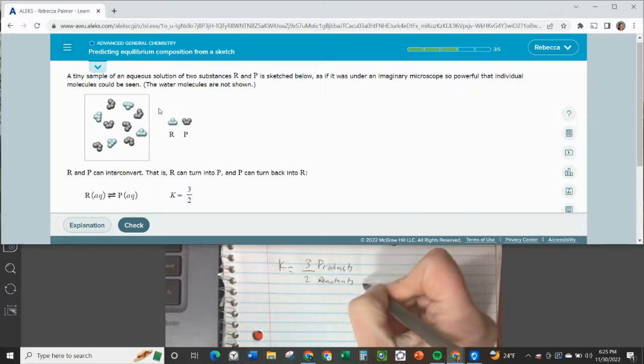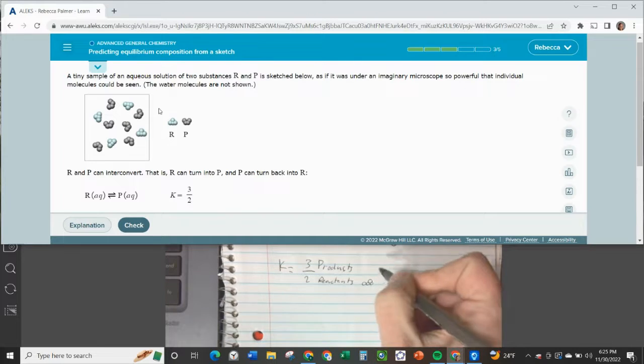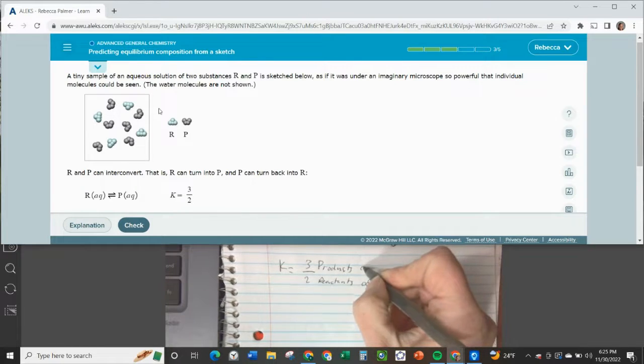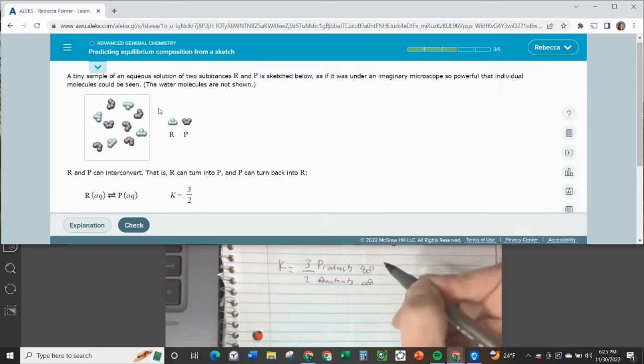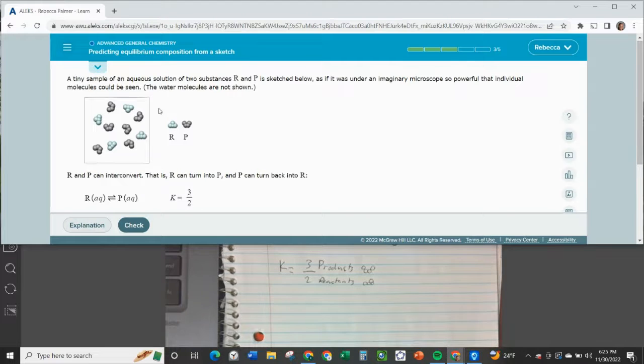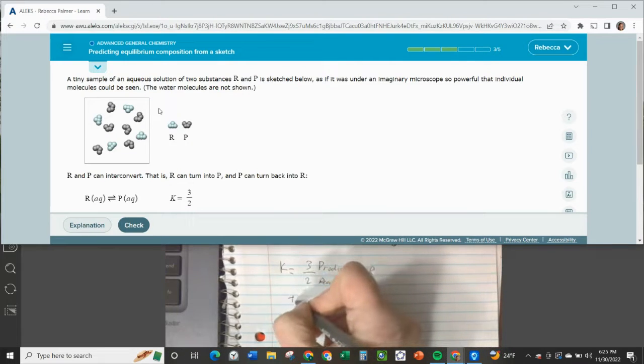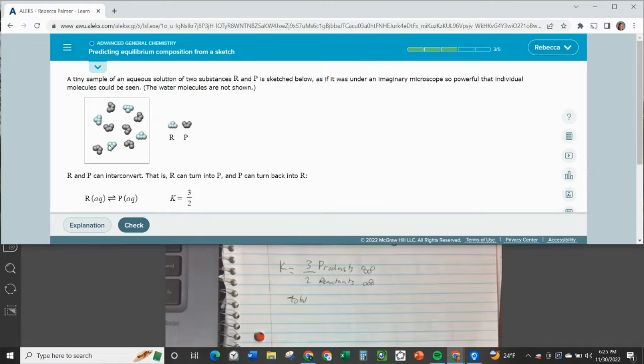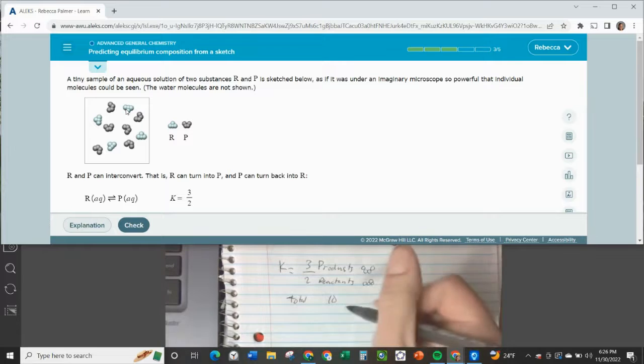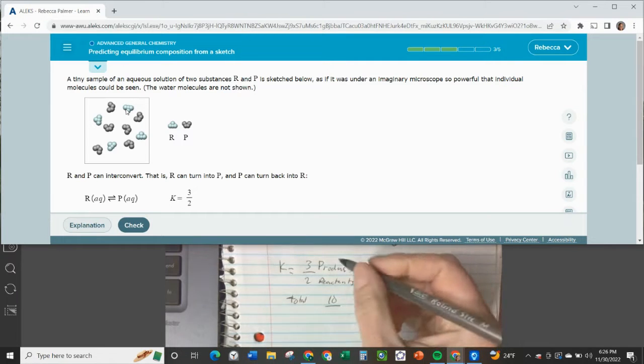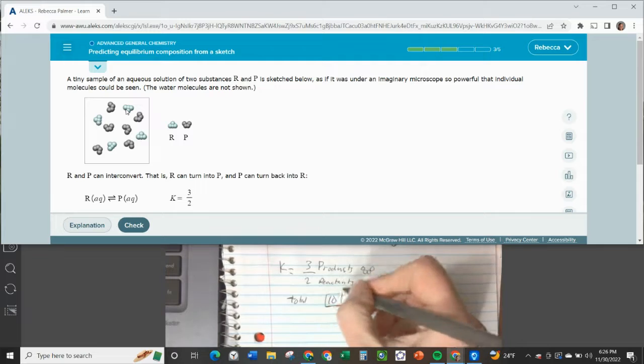The reactants are like a pyramid and the products are like a W. And then for our total, we have 1, 2, 3, 4, 5, 6, 7, 8, 9, 10. I think we have 10. Let me count them one more time. 1, 2, 3, 4, 5, 6, 7, 8, 9, 10. Great, we have 10.